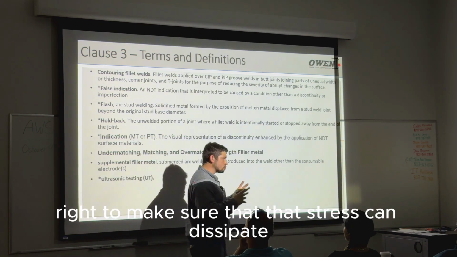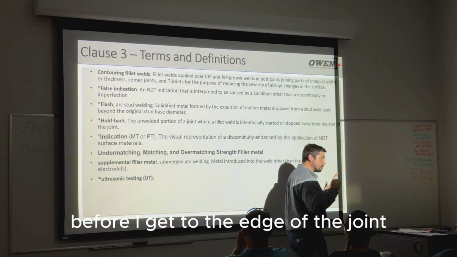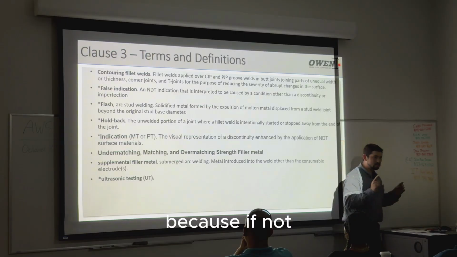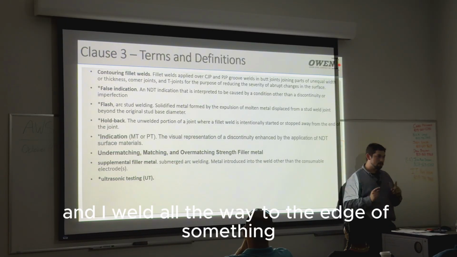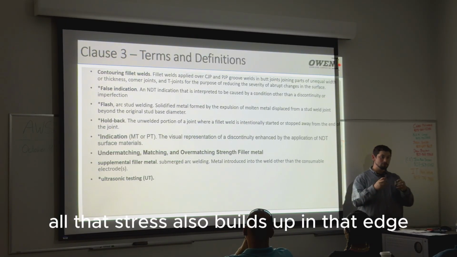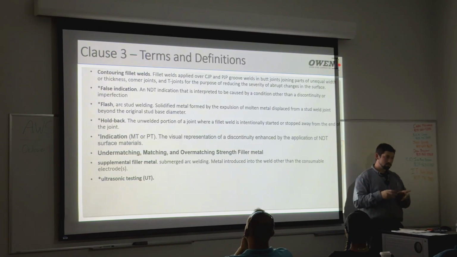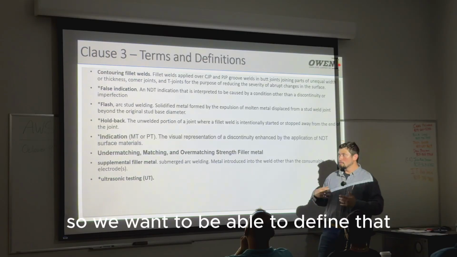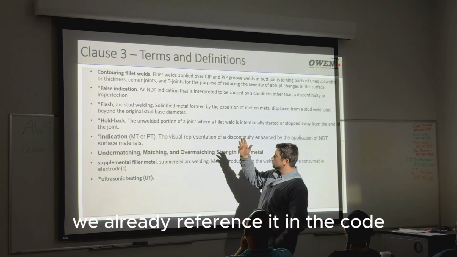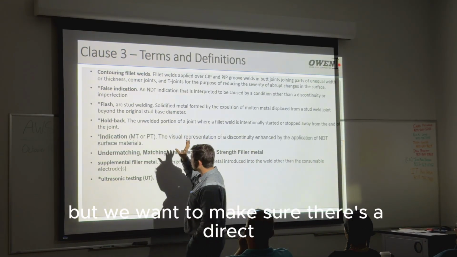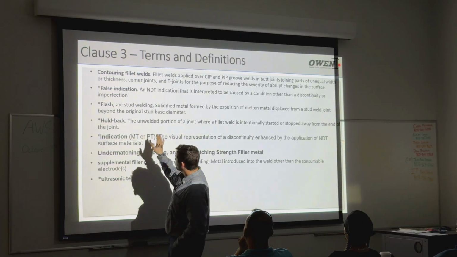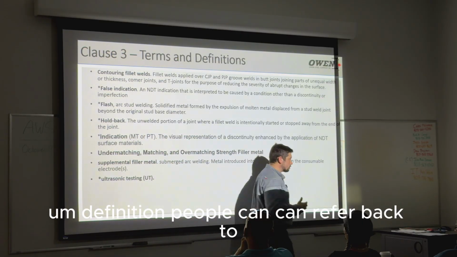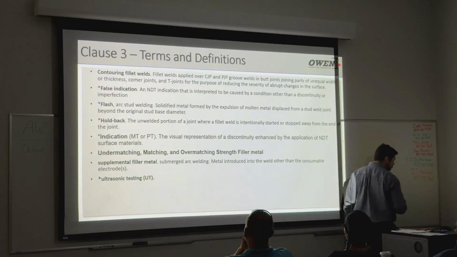To make sure that stress can dissipate before I get to the edge of the joint. Because if not, and I weld all the way to the edge of something, all that stress also builds up in that edge, right? So I want to let stress dissipate. We already reference it in the code, but we want to make sure there's a direct definition people can refer back to.